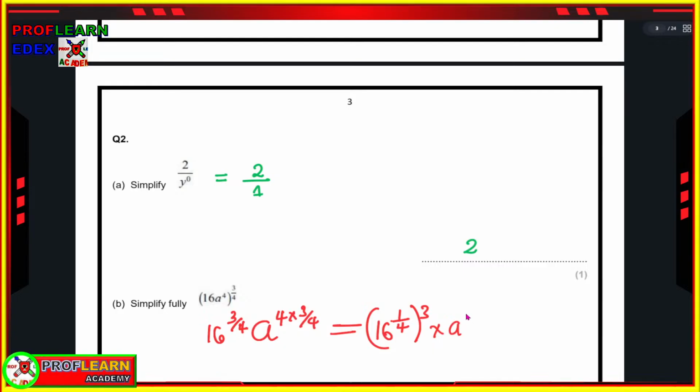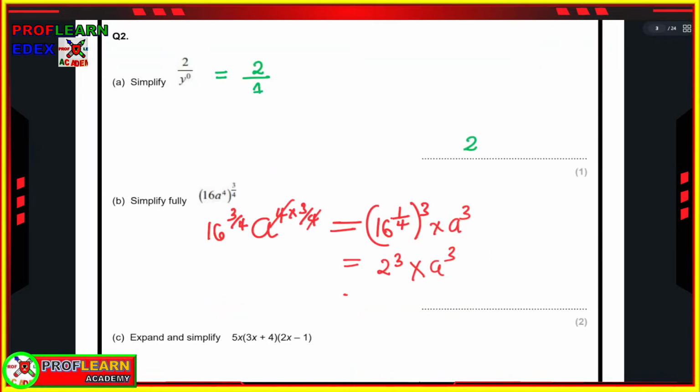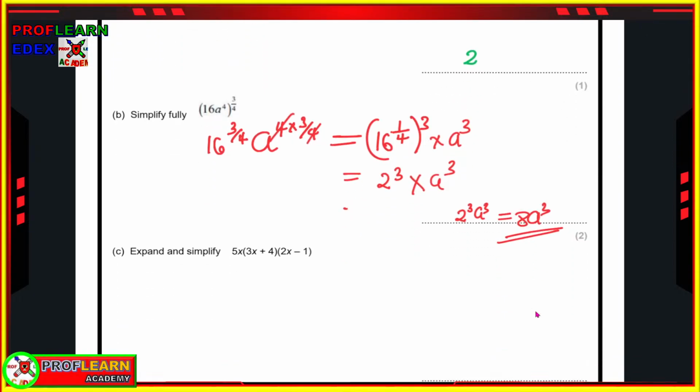Because 4 and 4 will cancel out, this is going to be 2 raised to power 3 times a raised to power 3, and this is going to reduce finally to 2 raised to power 3 a power 3, of course, and this is going to be 8 a cubed, and that is exactly what we're going to have in that case.